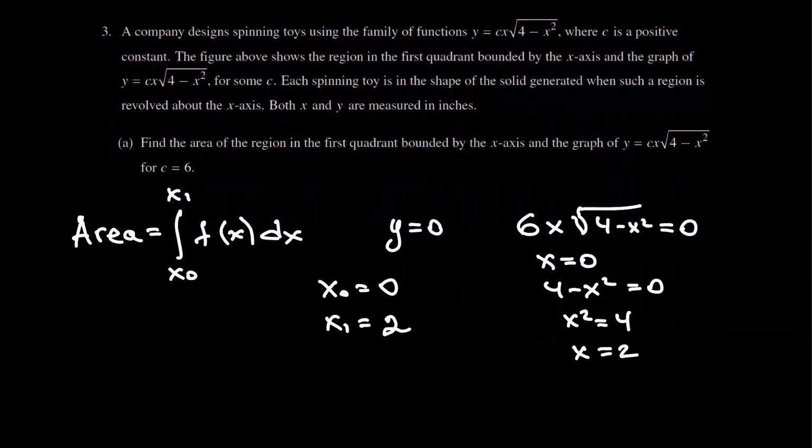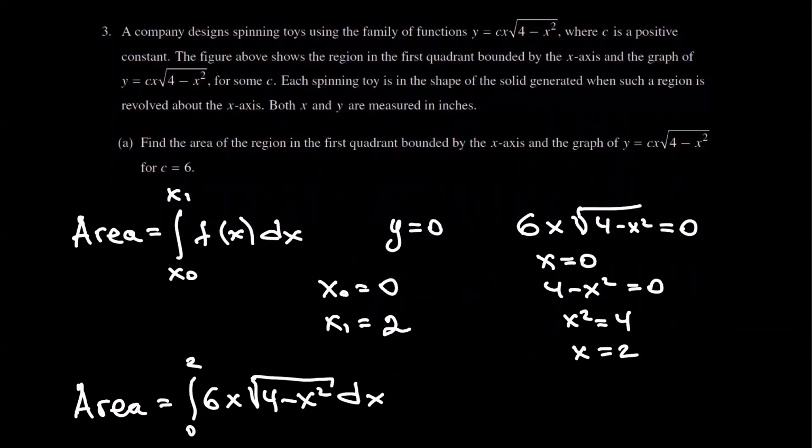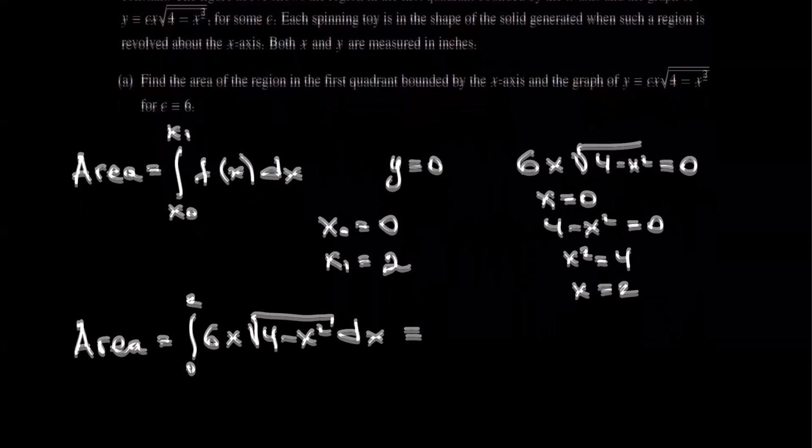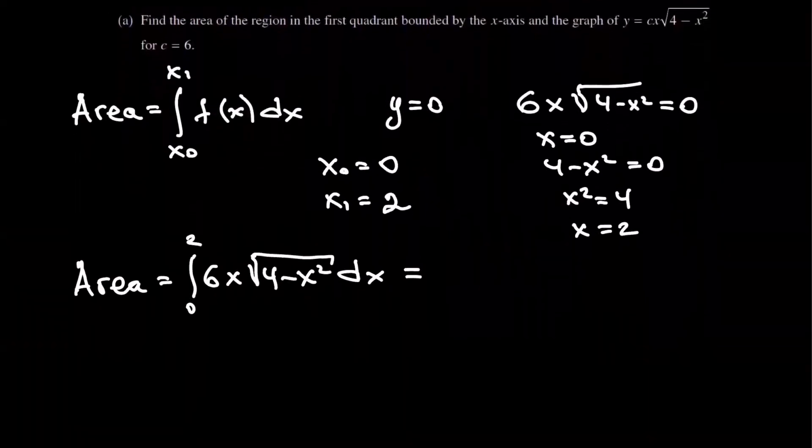And so then the area in our specific case is equal to the integral from 0 to 2 of 6x square root of 4 minus x squared dx. How can we solve this integral?